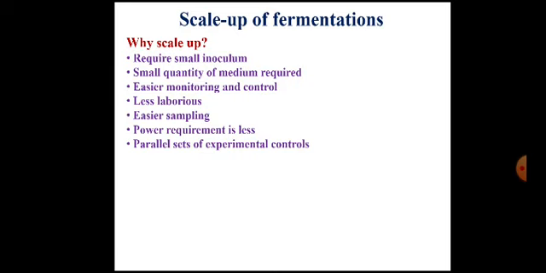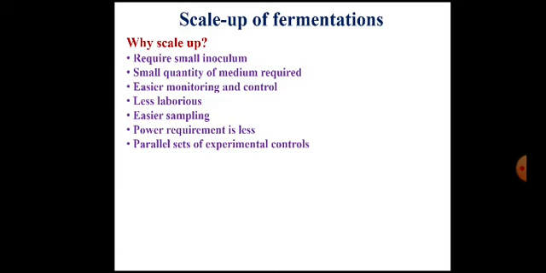So in all, the progress of fermentation can be determined, and therefore sampling is necessary, which is easier at small scale. Obviously the power requirement is very low, and we can run parallel sets of experimental controls. It is not that the studies are carried out in a single small scale laboratory fermenter.